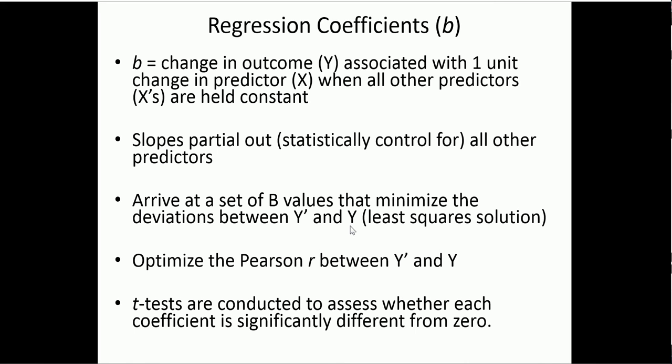Another thing that it will do is optimize the Pearson's R, basically the correlation between the predicted scores and the actual scores. So it will optimize that outcome, basically make it as strong as it possibly can be. For the statistical hypothesis test, there is a fairly straightforward t-test for determining whether or not a regression coefficient is statistically significant.